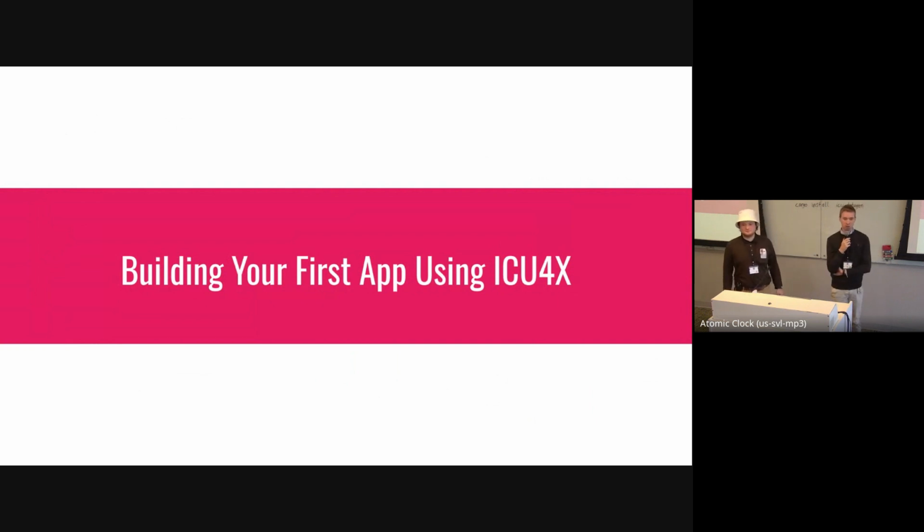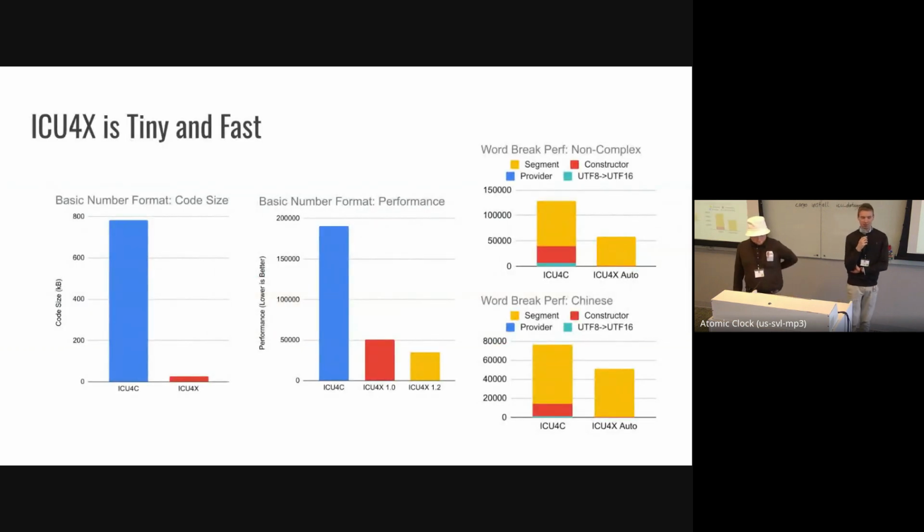You even get collections if you plug in a custom allocator. What you don't get is things like randomness and networking. So ICU4X is fully compatible with this no standard library mode. And this is how we get the small binary sizes as well. Because once you pull in the Rust standard library, you get things like pretty error formatting, and that starts to get expensive.